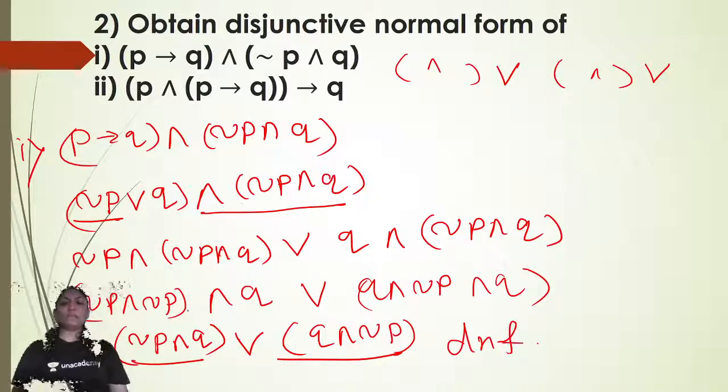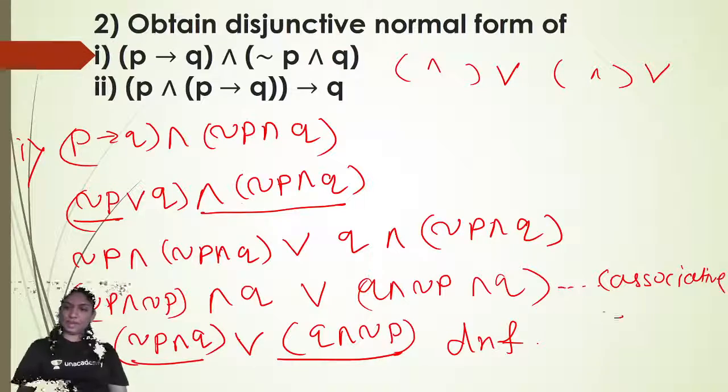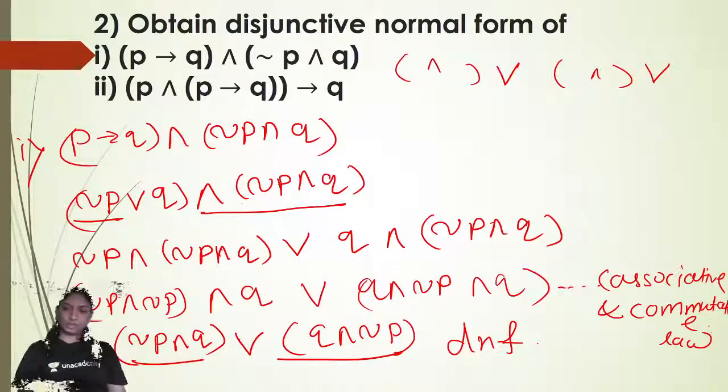Are you getting it? The disjunction of fundamental conjunctions, by using associativity and commutative law, associative and commutative law here we can use, and here we'll use the distributive law.